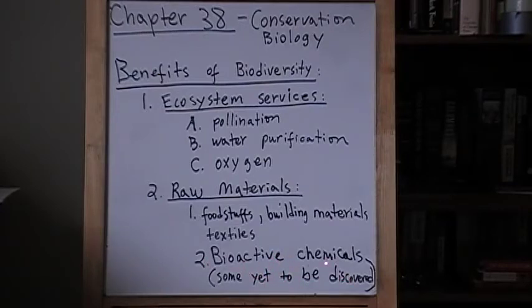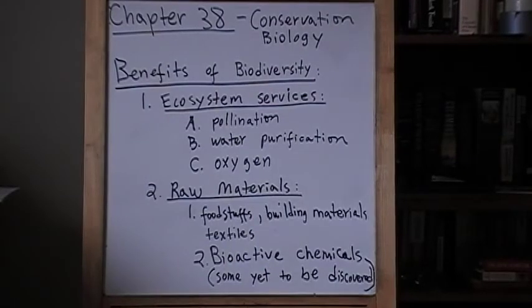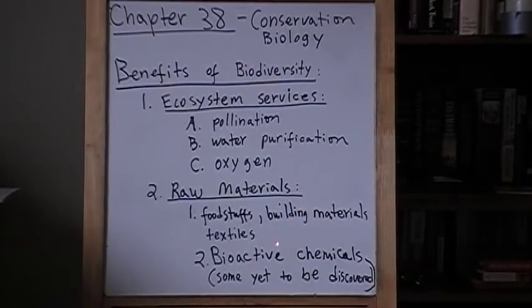So there's a lot of diversity in the environment that hasn't been utilized by humans or discovered by humans yet, and so there may be many bioactive chemicals out there that we still haven't discovered. But those would require that the biodiversity is maintained, or the organisms that produce those may disappear.